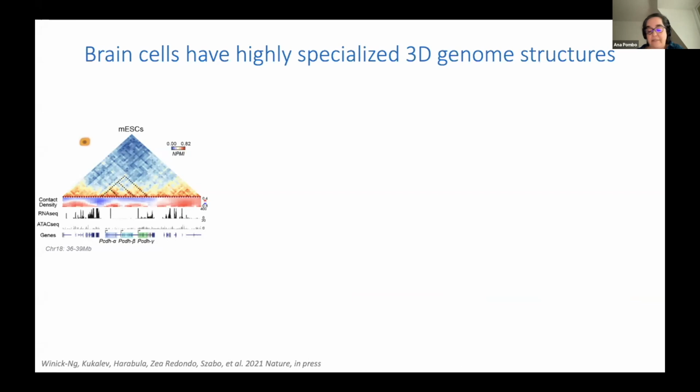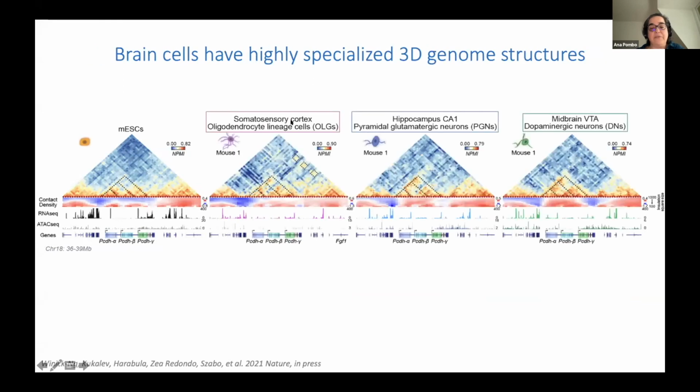As we look at the brain cells, and here I should say that only the protocadherin gamma genes are active in ES cells, we now start to see genes within the locus being active in all the brain cells to different degrees. With this activity of alpha and beta, we find contacts between the alpha and the beta, the alpha and the gamma, and the beta and the gamma. And this is true in all the brain cell types, coinciding with the activation of these different genes.